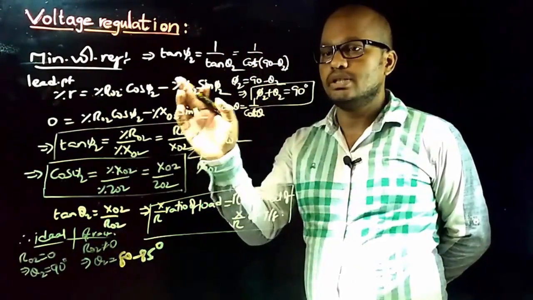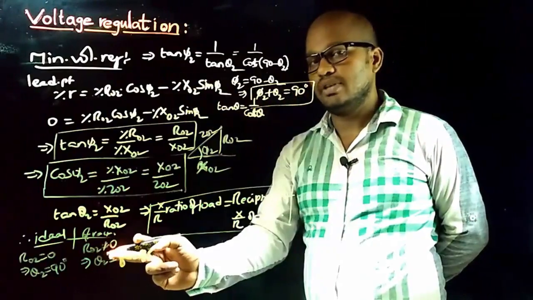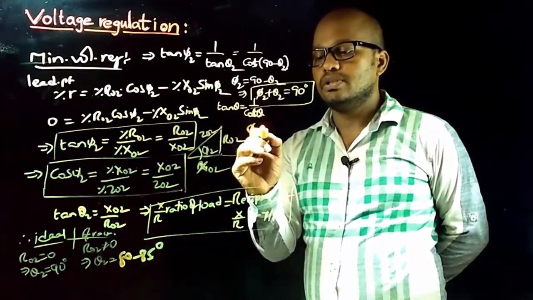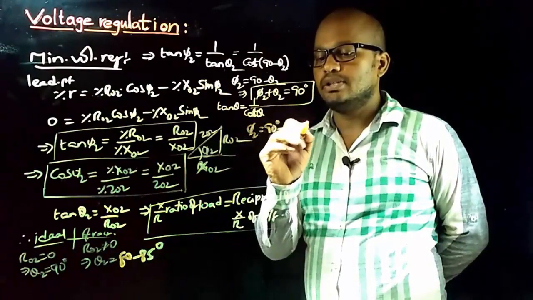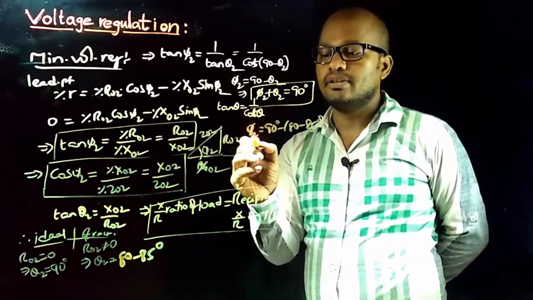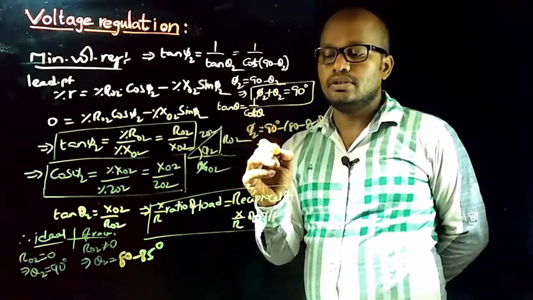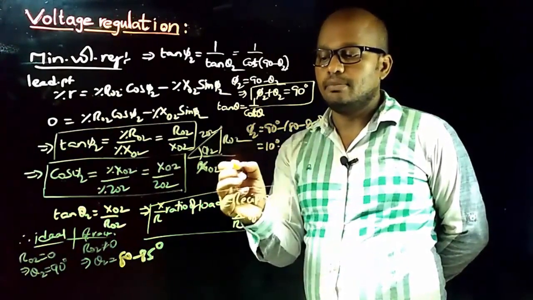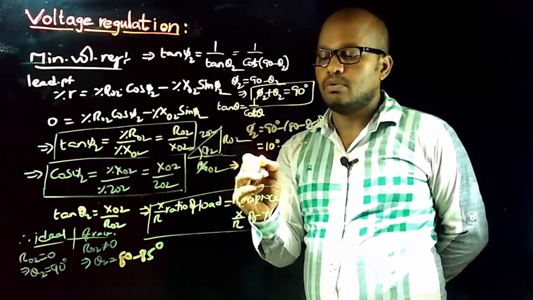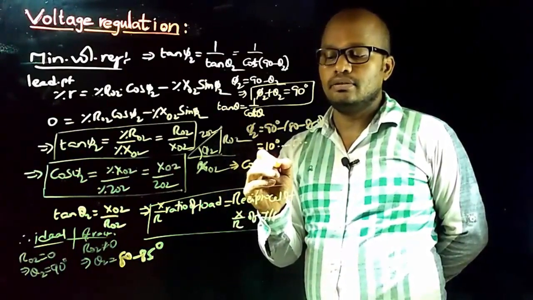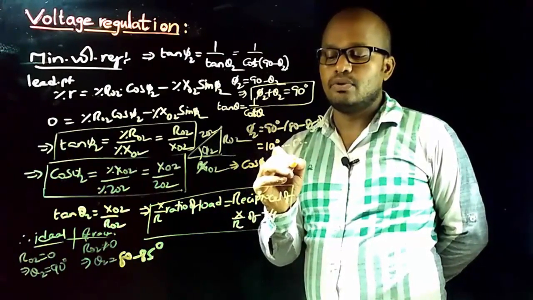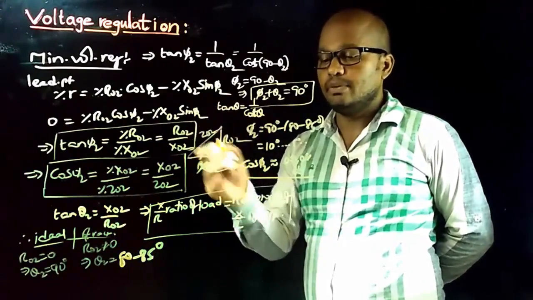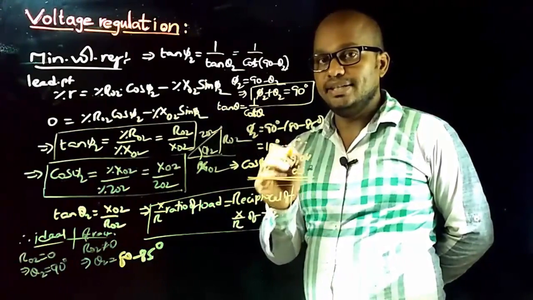The condition for minimum voltage regulation is phi 2 plus theta 2 is equal to 90, and we have theta 2 practically 80 to 85, which implies phi 2 is equal to 90 minus 80 to 85 degrees, which implies phi 2 will be around 10 degrees to 5 degrees or so. That implies the power factor cos phi 2 will be around 0.9, 0.8, etc., which means we will get minimum voltage regulation at high leading power factors.